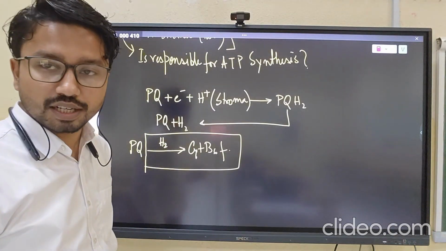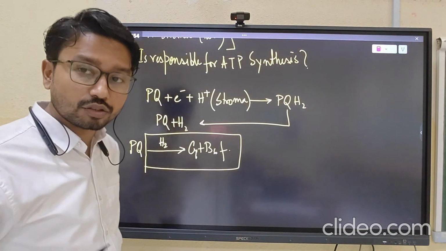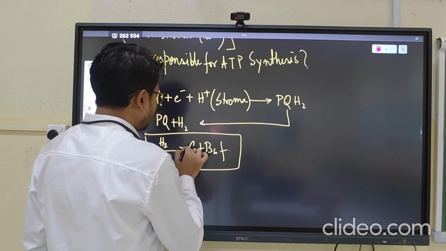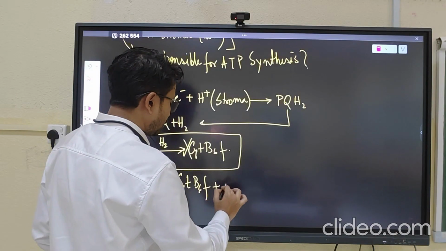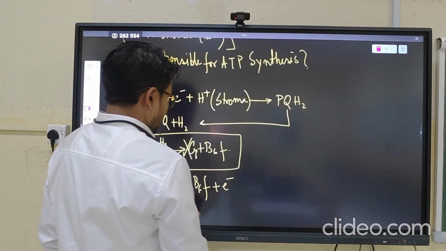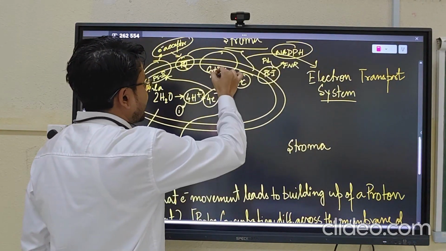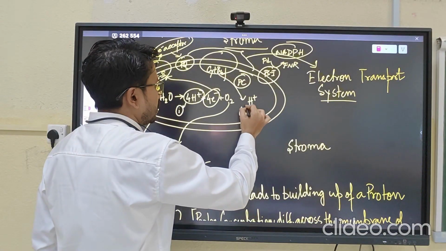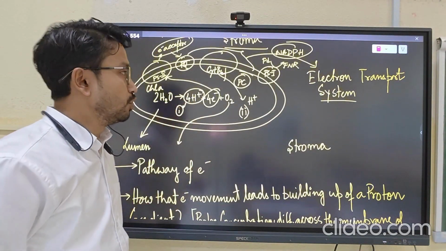Cytochrome b6f will take the electrons only, ionize this H2 molecule, and push the protons inside. So that is number 2 of why the concentration of protons is increasing inside the lumen.